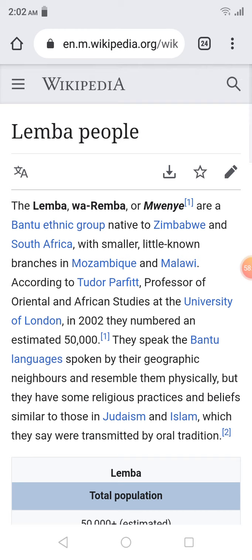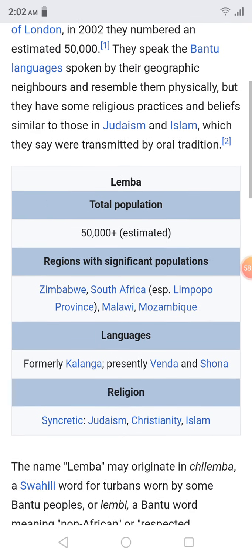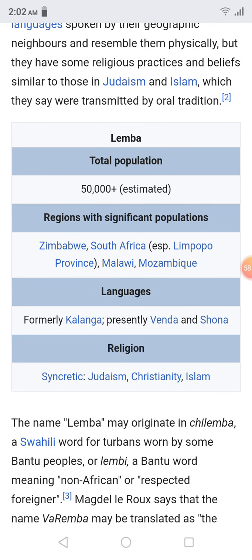Okay, so the Limba, the Wawimba, or the Imwenye people, and then you have these languages.